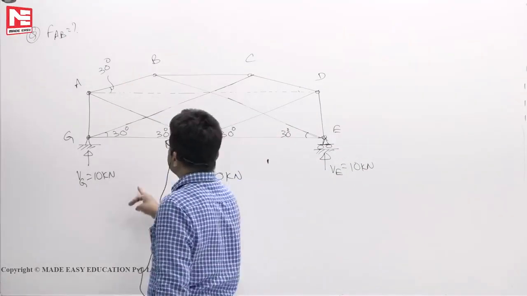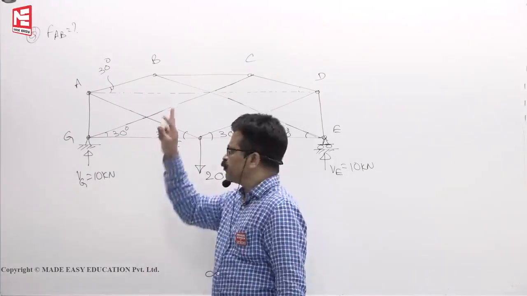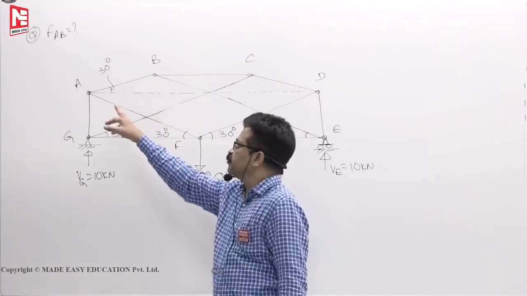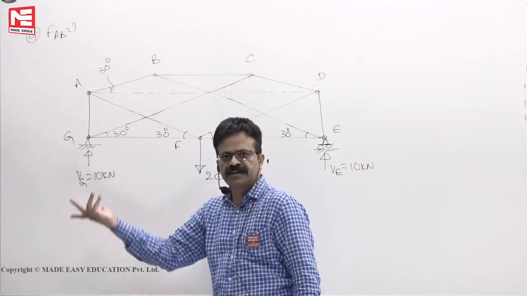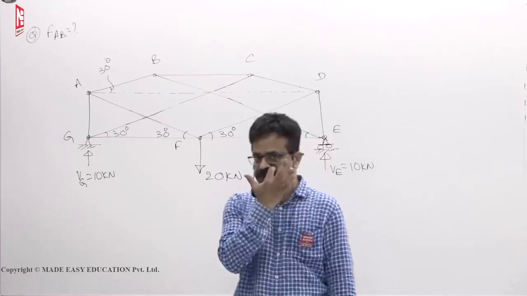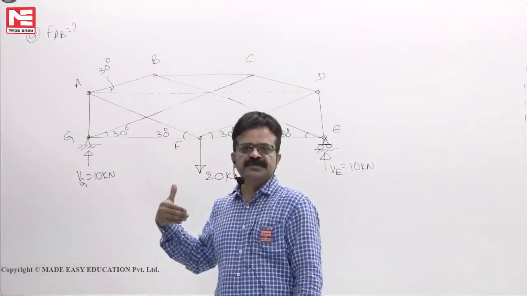If you cut vertically, 1, 2, 3, 4 are cut. Okay, no problem, 4 are cutting, but if these 3 members are meeting at one point, we can manage. But these 2 members are meeting here, these 2 members are meeting here. So, we cannot manage. So, 3 are not meeting at one point. So, method of sections also we cannot use. We can use it, but 2 sections we have to take, simultaneous equations we have to solve.